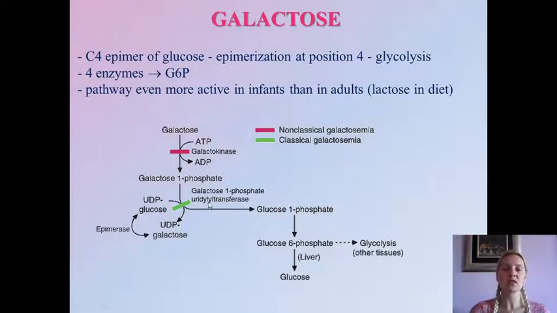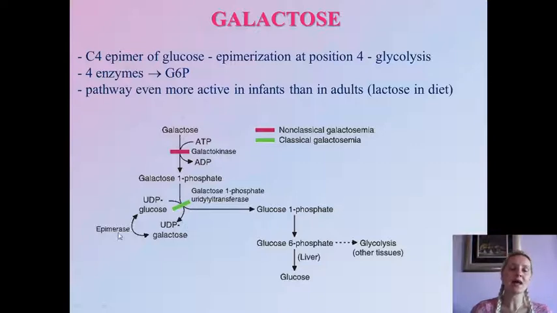UDP-glucose is used for this reaction, and the enzyme is galactose 1-phosphate uridylyl transferase. Glucose is released in the form of glucose 1-phosphate, which is converted to glucose 6-phosphate by phosphoglucomutase, and glucose 6-phosphate can be introduced to glycolysis or converted to glucose in the liver.